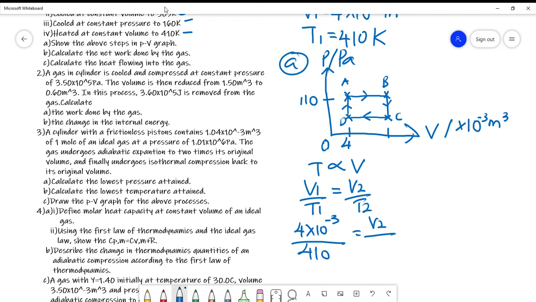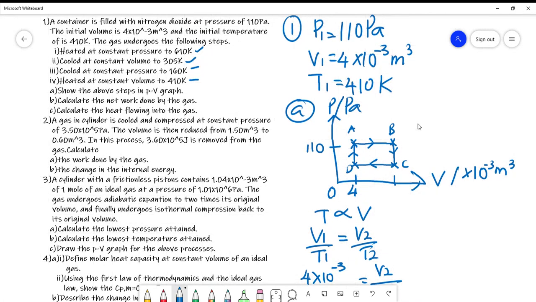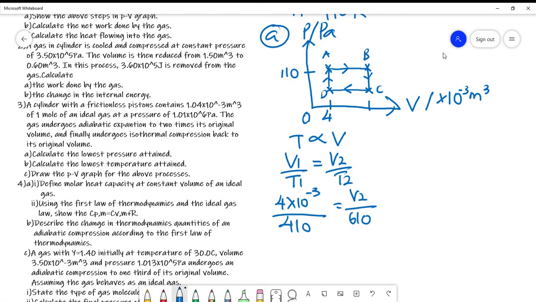My T2 is 610 K. So what will be my V2? 4 times 10 to the power negative 3 times 610 over 410. So V2 will be 4.951 times 10 to the power negative 3, of course. This is the first process.